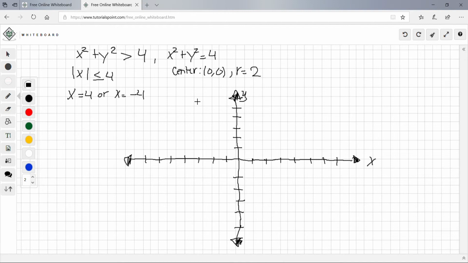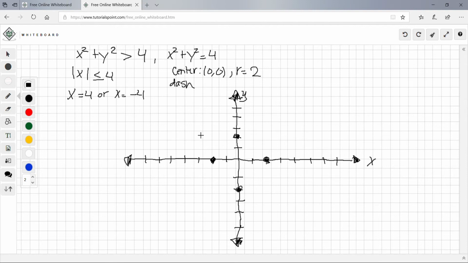So we said the circle starts at 0, 0, and is this going to be solid or dash? It's going to be dash. So the center is 0, 0, and then you have a radius of 2, so from 0, 0 you go right 2, 1, 2, left 2, 1, 2, negative 2, and up 2 and down 2.